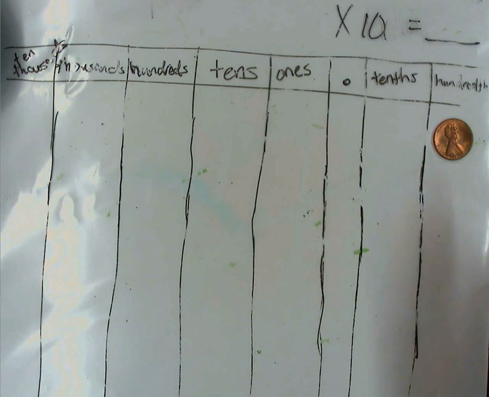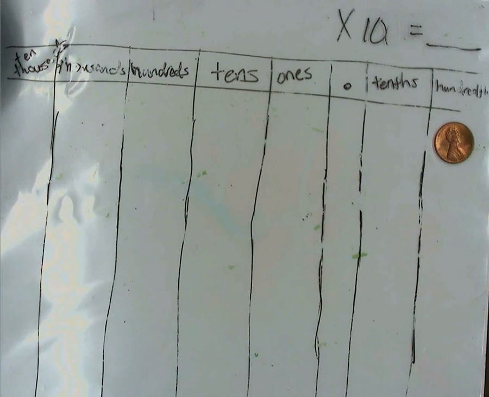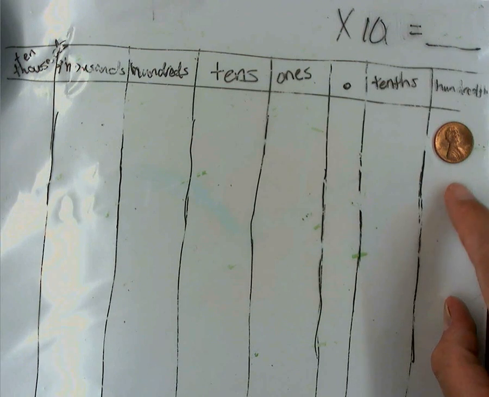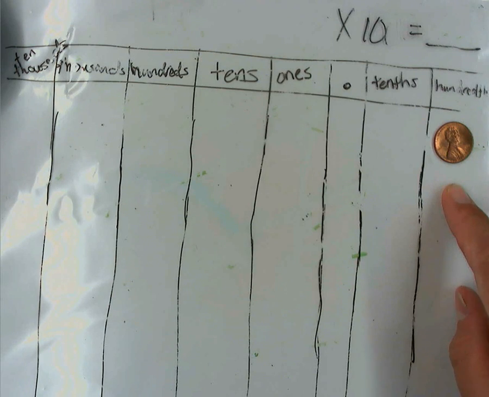If we happen to have 10 of these hundredths, we would have in this place value space then 10. But we can only put in this place value space digits, numbers, symbols that are single digit. So we could have either 0 or nothing there, all the way through 9.